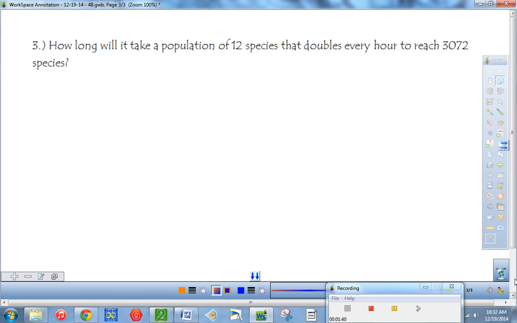Alright, think exponential equation. I think you got it. What would x stand for and what would y stand for in this problem? What is x? Species. Hours. What are the two things we're comparing?